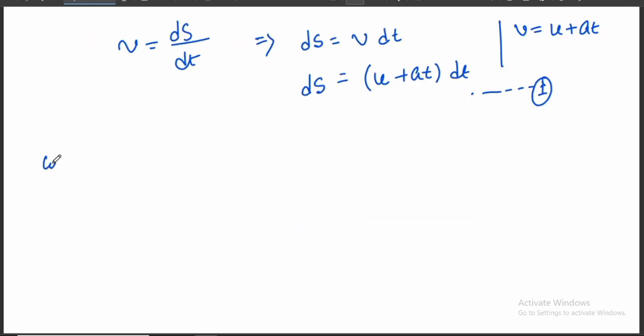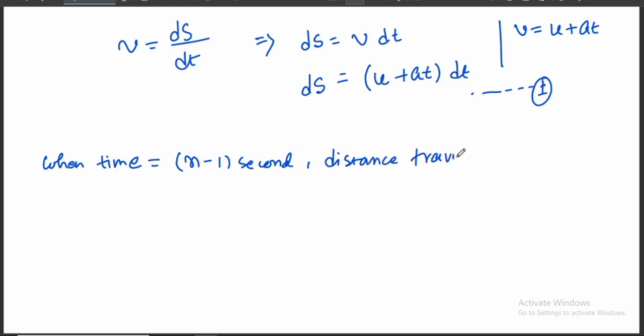Now when time is equal to n minus 1 second, distance traveled is equal to Sn minus 1.